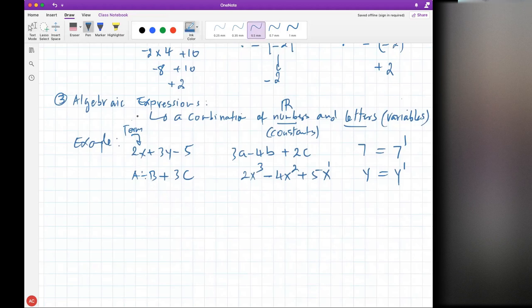And this is basically the actual algebra. This is the beginning of algebra. Algebra basically involves numbers and letters. So the whole class will be using these letters and powers, different powers depending. That's what algebra is all about: using letters to refer to numbers when the value is unknown or when the value is changing.